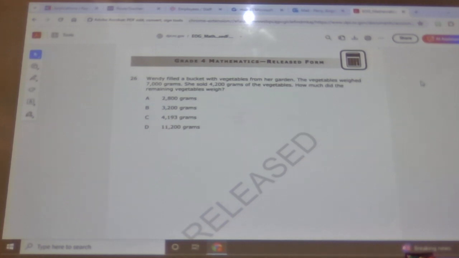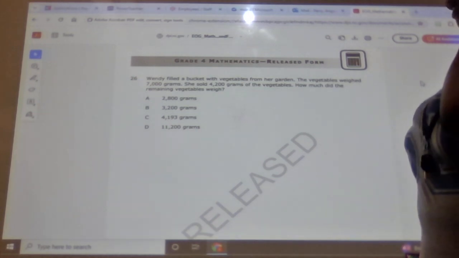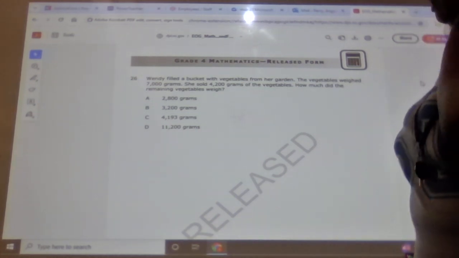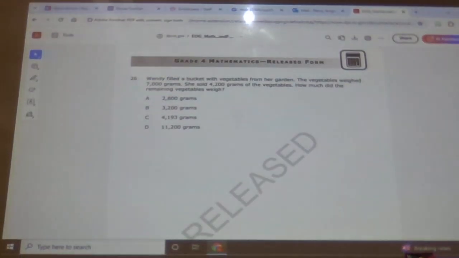The next one says, Wendy filled a bucket with vegetables for her garden. The vegetables weighed 7,000 grams. She sold 4,200 grams of vegetables.